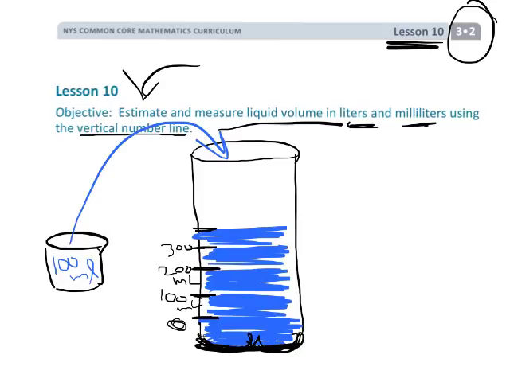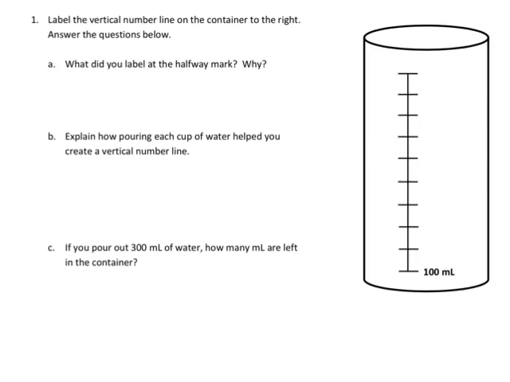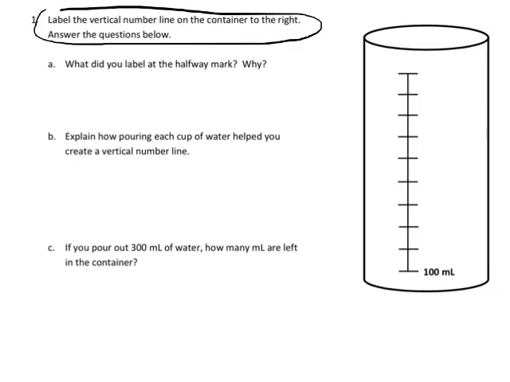Now let's move on. I chose this problem from the problem set, mostly because I didn't like the question and I was afraid that it might frustrate teachers. The question says, label the vertical number line on the container to the right. Well, label it in what way? It didn't say that these intervals went up in any particular fashion.